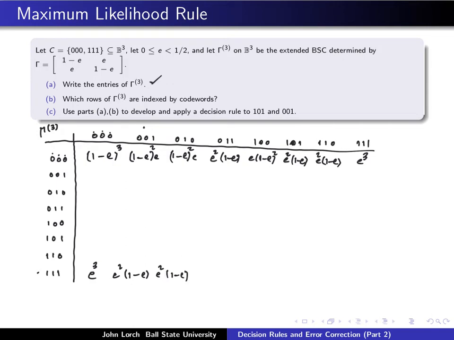And now where the output is 0, 1, 1, we have 1 bit flip. And then when the output is 1, 0, 0, we have 2 bit flips again. And then when the output is 1, 0, 1, we have a 1 bit flip.